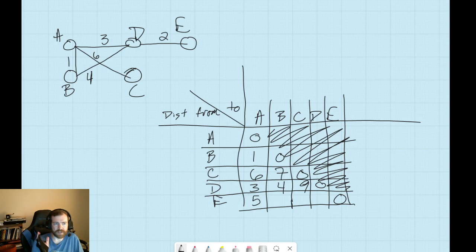So because DAB and also DB are 4, a sum total of 4, it doesn't actually matter which path you take. Now it is true that D to B direct is going to be shorter. So I don't know if that matters. But either way, E to D is 2, and then D to B through either of the avenues you could take is going to be another 4, so that's going to be 6.